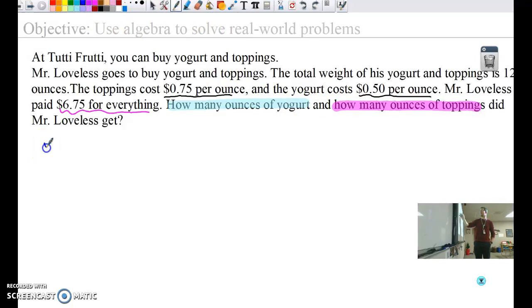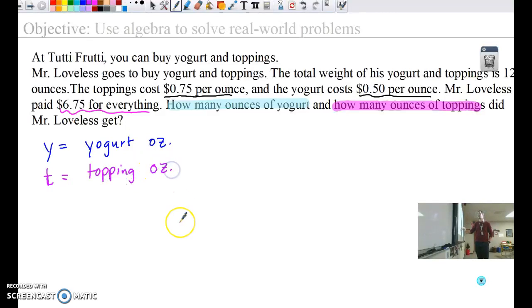So let's do Y for yogurt. Let's do T, I'll make my T with a little tail on it, for toppings. Again, these are both measured in ounces. And I know that it costs 75 cents per ounce of toppings, so I know 0.75T for toppings plus 50 cents per ounce of yogurt.